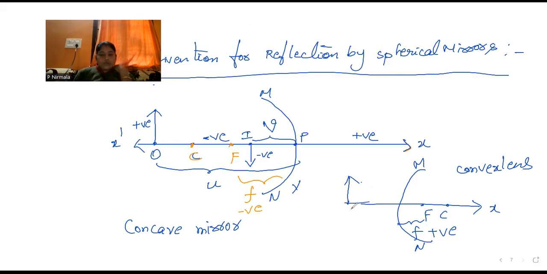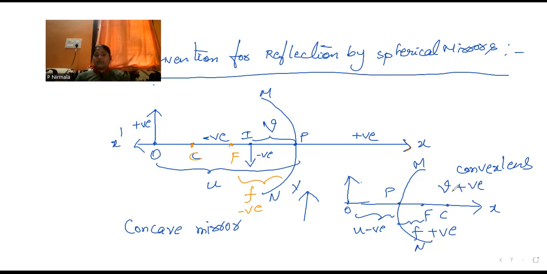An object is kept on which side? Left side. So u is negative. And the image is formed in the convex mirror on which side? The right side only, in both cases, right? At infinity and between infinity and the pole. So in both cases it is formed on the right side. So v is positive.